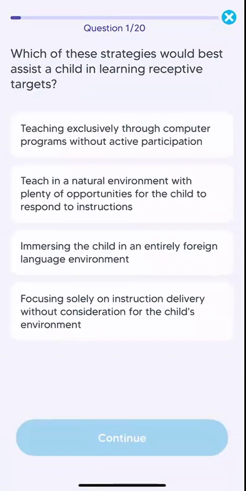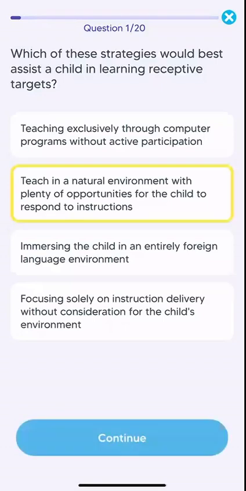Immersing the child in an entirely foreign language environment. Focusing solely on instruction delivery without consideration for the child's environment. No. I think it's this one. Yes.